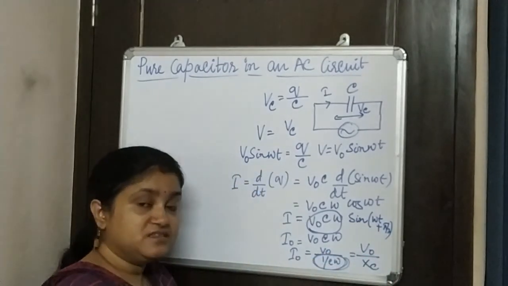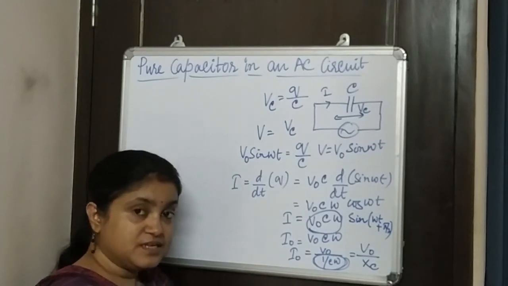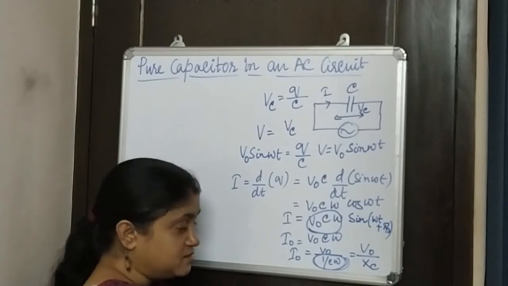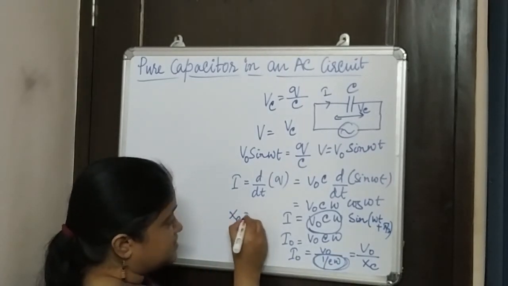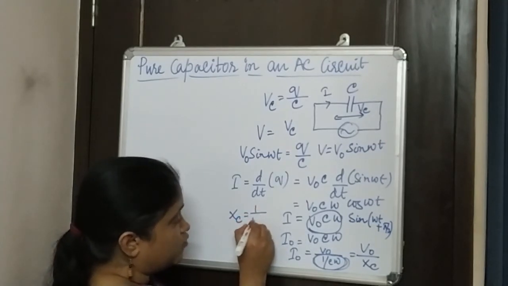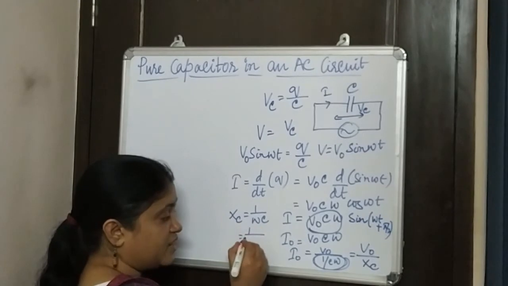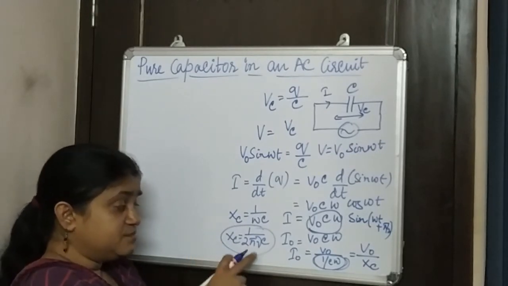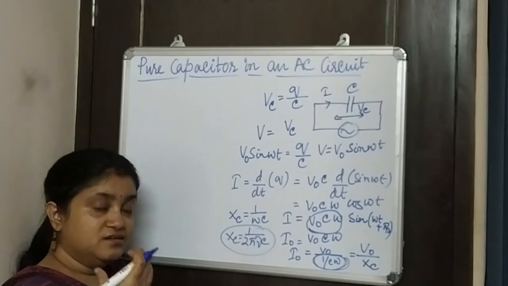As we have seen in the case of the inductor, that was XL, the reactance, and here this is the capacitive reactance. So this XC is 1 by omega C, or again if I write omega as 2 pi nu, it is 1 by 2 pi nu C. So what we see is this particular quantity is stopping the current.